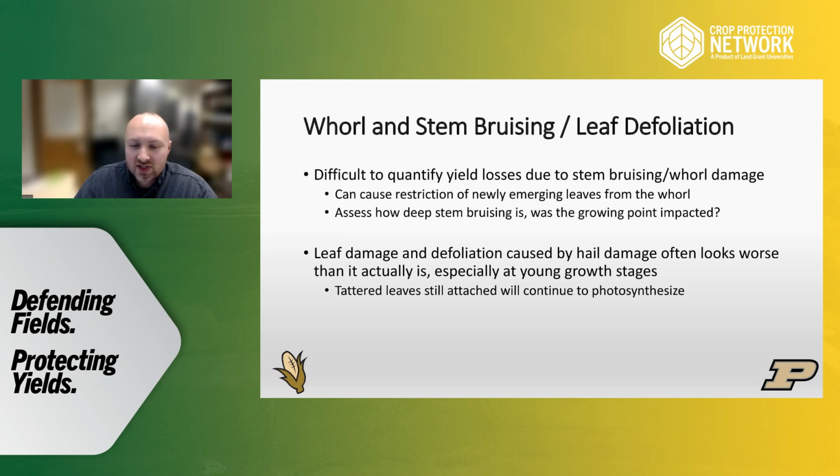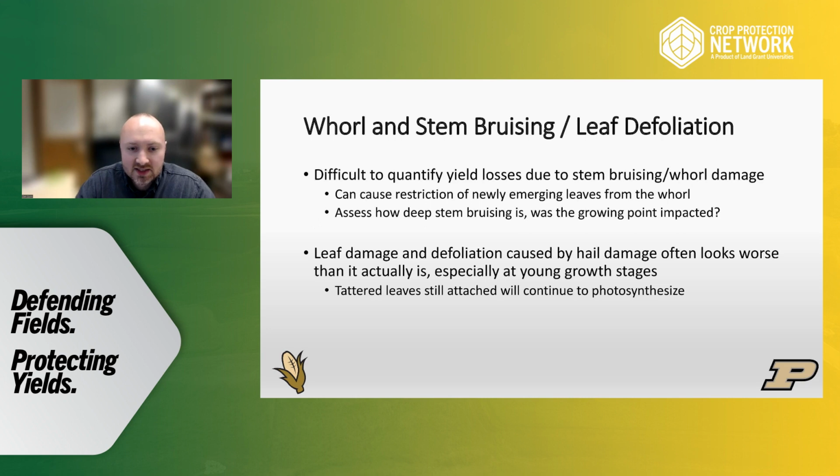But if you have severe damage to that whorl area, that can cause restriction of newly emerging leaves from the whorl, which can cause issues in the plant. And in terms of stem bruising, it's similar to assessing the damage to the growing point, where we want to understand, okay, how deep is that bruising? Is it really going to impact the translocation of water and nutrients in that plant? So again, split those stalks and assess the health of the stem, both the growing point and the stem, to see if there are any potential issues at that point in time.